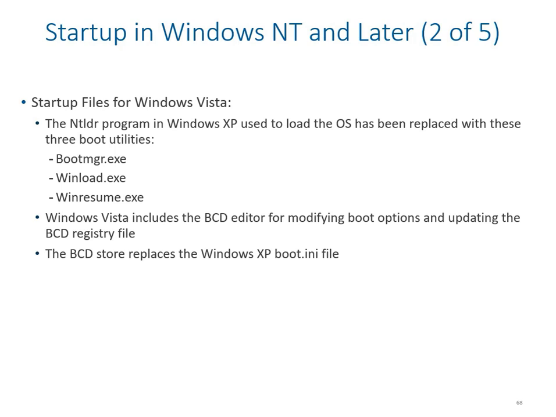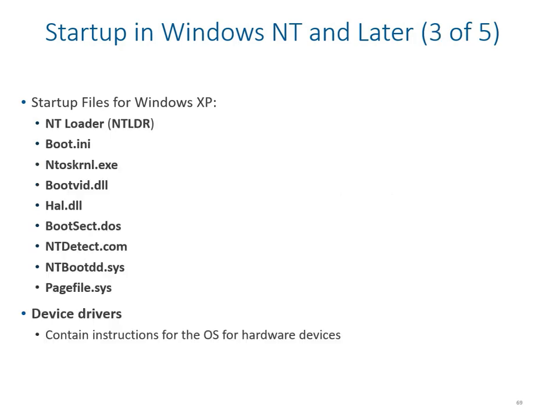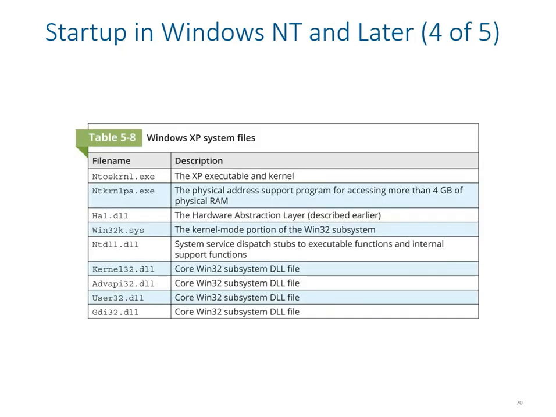It would look for the specific configuration based on the hardware. Now Windows Vista includes the BCD editor for modifying the boot options under the BCD registry file, and BCD stores and replaces the Windows XP boot.ini file. Now these are the boot files in Windows XP, which were called Ntdetect, containing the instructions on the hardware and devices.